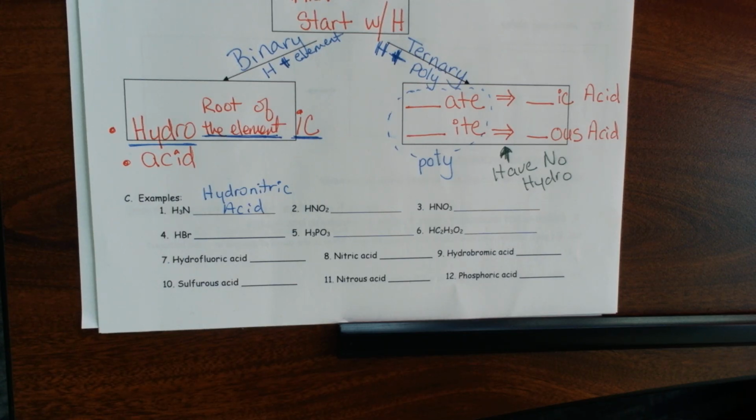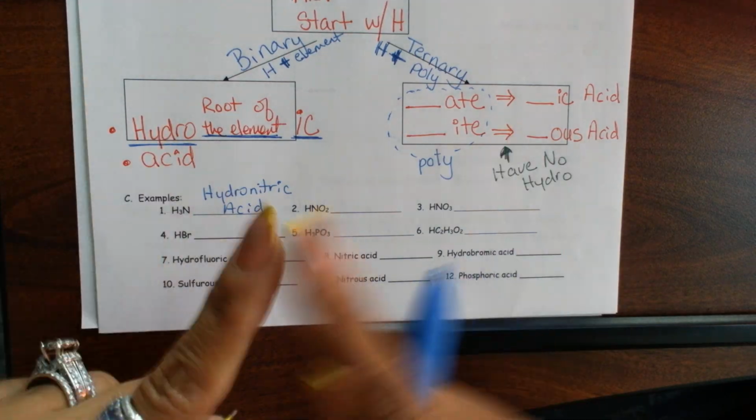Number 2. Let's practice again. Now we're looking at number 2. In all acids, when you look at the formula, they all start with an H. And what happens is when you add that acid into a liquid, the H actually breaks apart. Okay? So this H right now is bonded to a polyatomic, NO2. Alrighty, so that means no hydro.